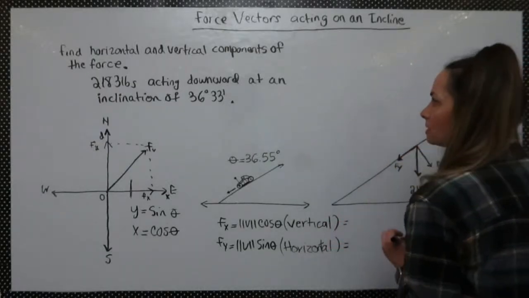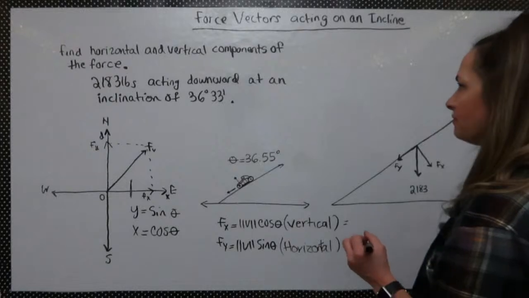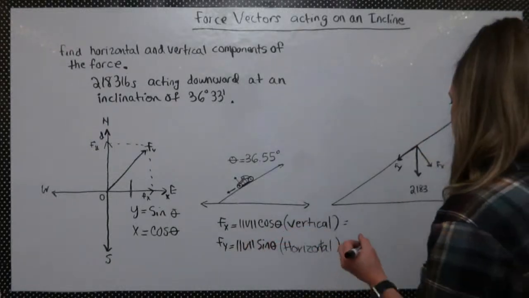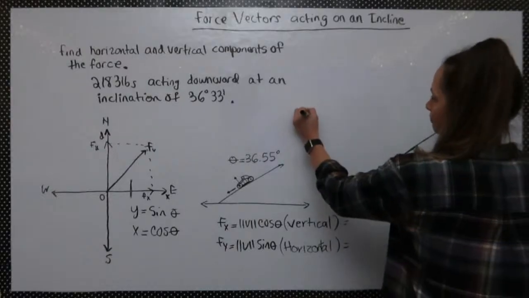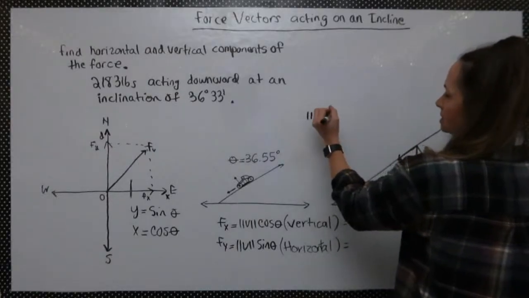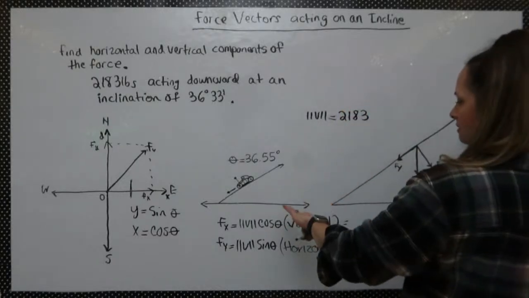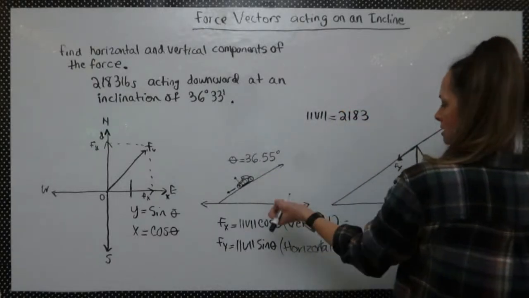All right. So all we have to do is plug in the formula. So we've got the magnitude, so we'll just plug that in and make a list. It's 2,183, and theta was 36.55.